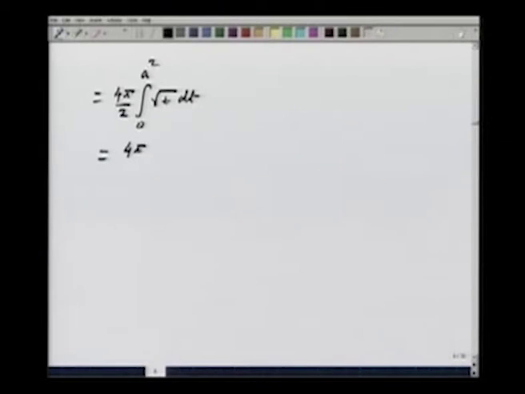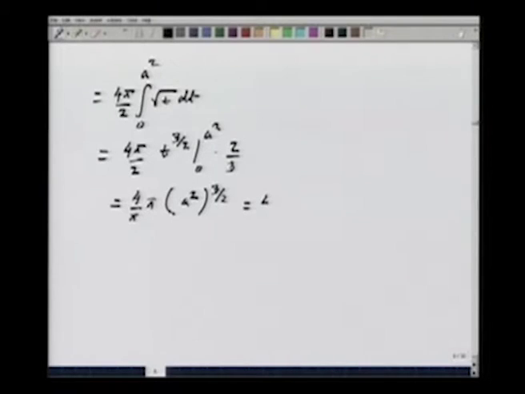The final answer then is 4 pi by 2 times t to the power 3 by 2 from 0 to a square, into 2 by 3. So what I get is 4 by 3 pi, then t to the power 3 by 2, instead of that I would put a square to the power 3 by 2.